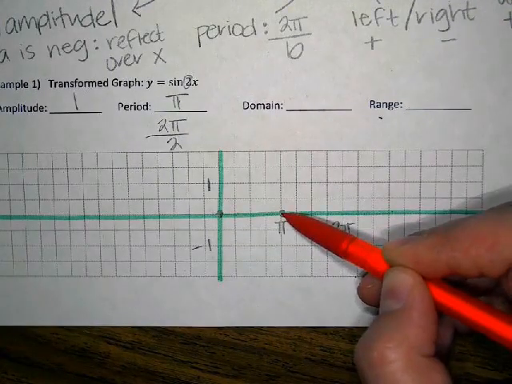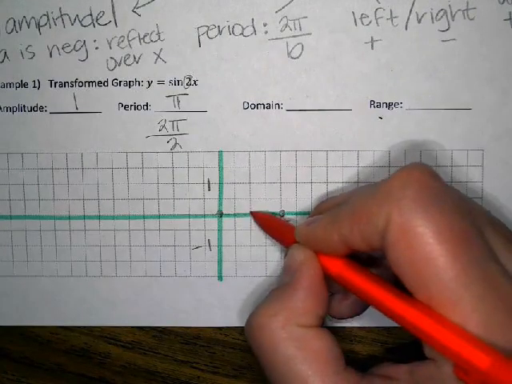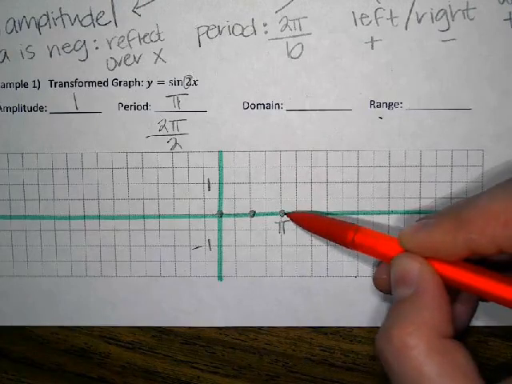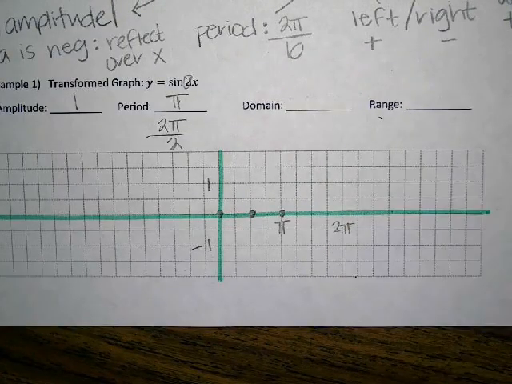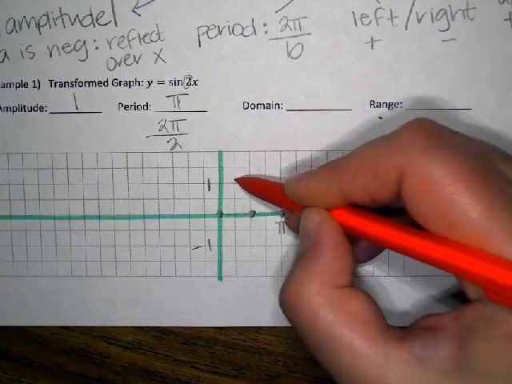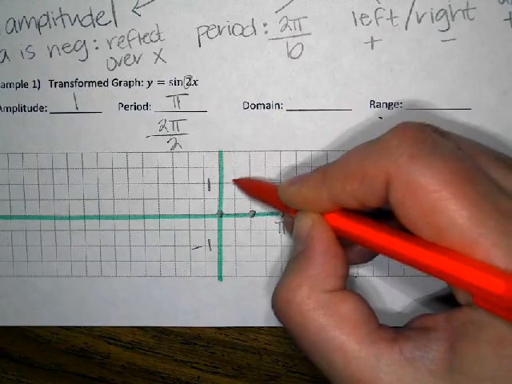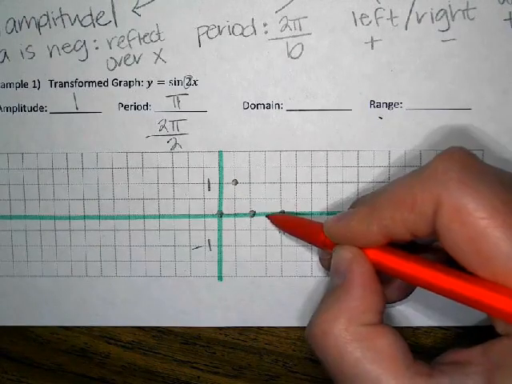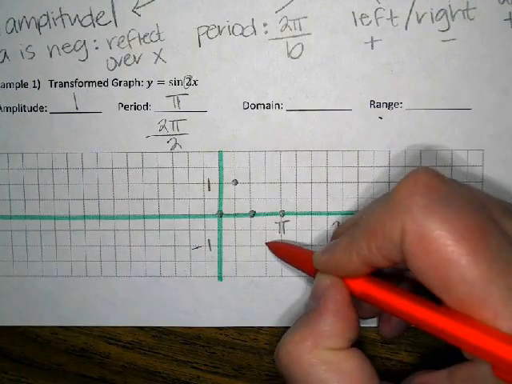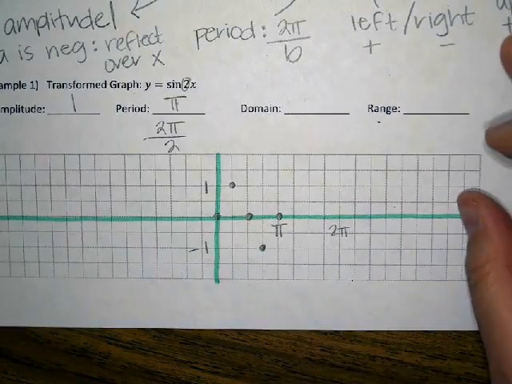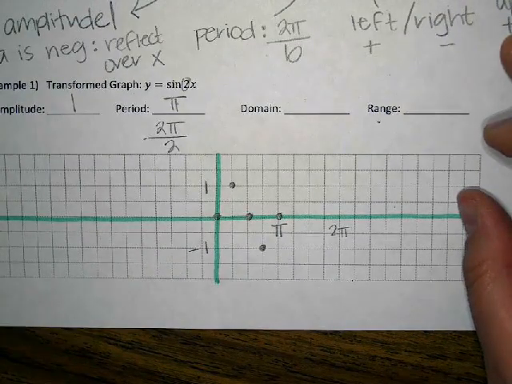You guys remember doing that? Then between the first 2 points, we had to go up to 1 and put a dot there. And between the second 2 points, we had to put a dot down at -1. So at this point, does this look similar to the graph we did last time, but it's half as wide? Looks the same.